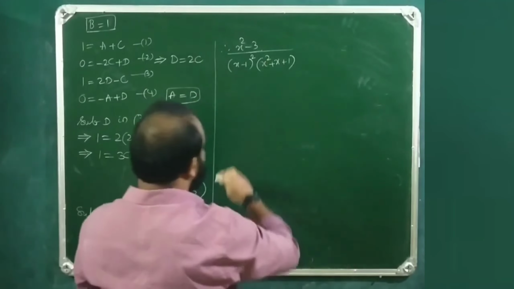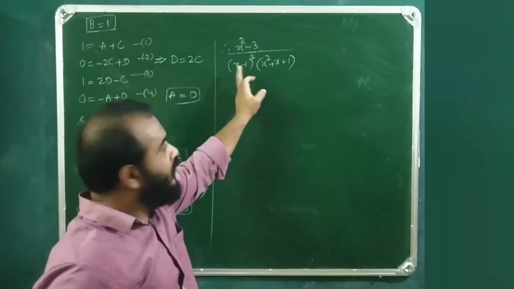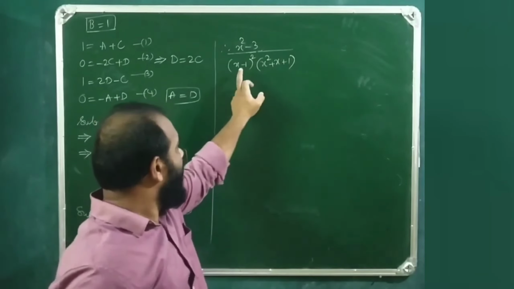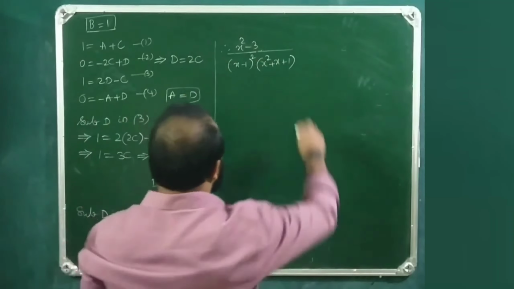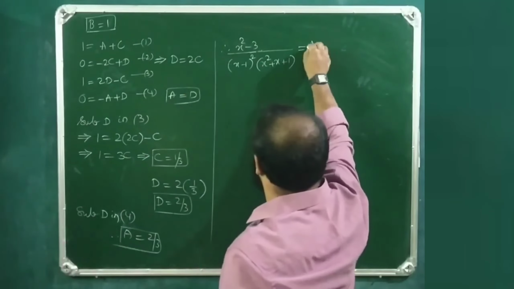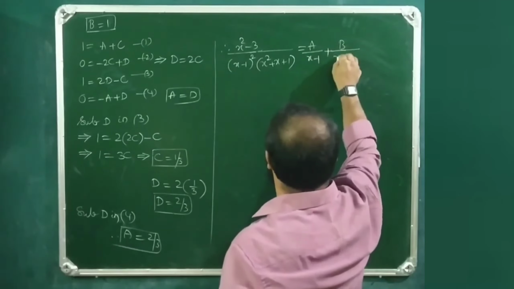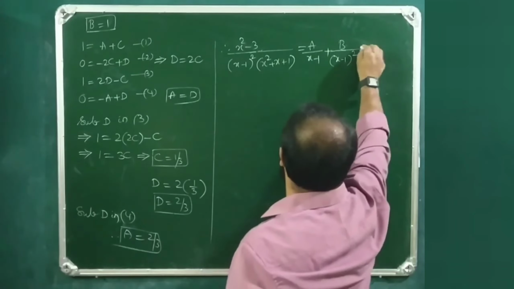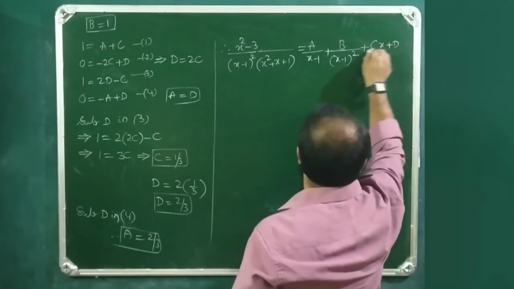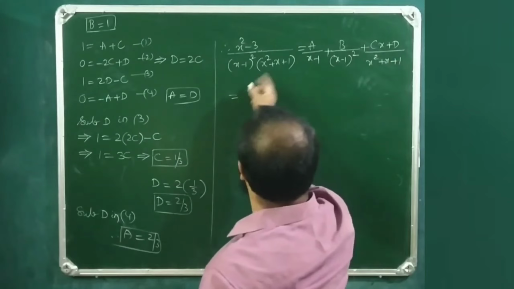Therefore, (x² − 3)/((x − 1)(x³ − 1)), where x³ − 1 is (x − 1)(x² + x + 1), this we have written before. So a by x minus 1 plus b by (x − 1)² plus (cx + d) by (x² + x + 1). So we have all the values.